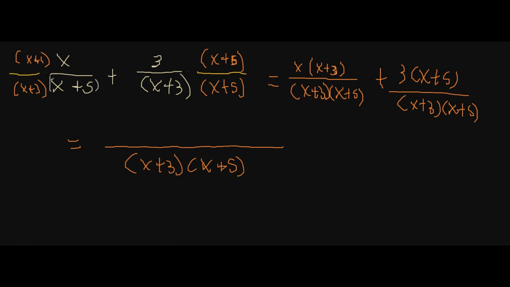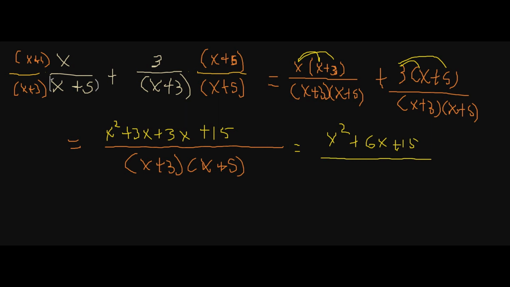Now I'll go ahead and simplify the top. Well, x times x is x squared, x times 3 is going to give me plus 3x. Over here I'm going to get plus 3 times x is 3x, and 3 times 5 is 15. Therefore, my expression is going to be x squared plus 6x plus 15, all divided by x plus 3, x plus 5.